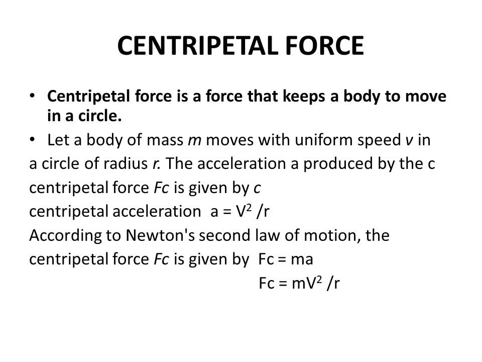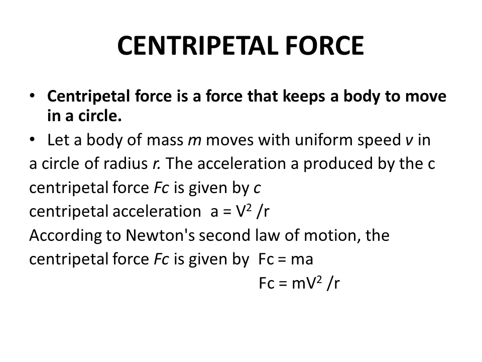Let's study the centripetal force. Let a body of mass m move with a uniform speed v in a circle of radius r. The acceleration produced by the centripetal force is given by centripetal acceleration a is equal to v squared over r.